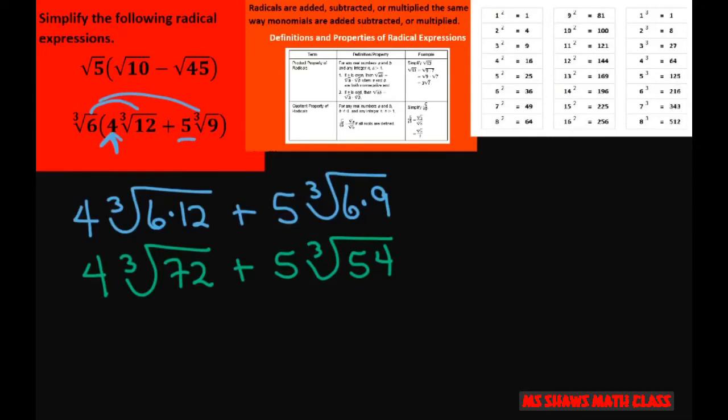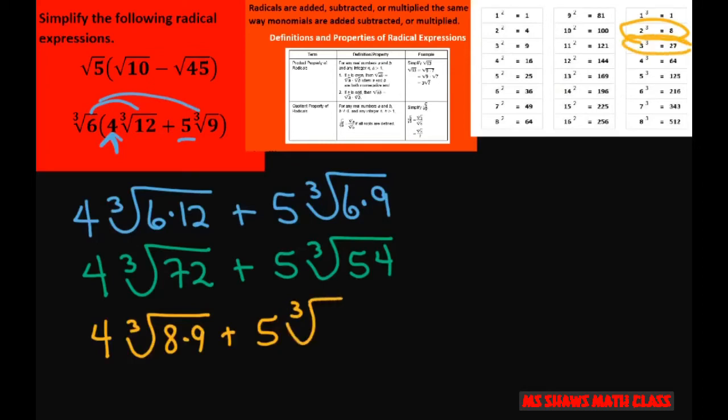We can write this as, I'm going to look at the 8. If I have to break it down further, I will. So this is the cube root of 8 times 9, plus 5 cube root, and the 54, that's going to be the cube root of 27 times 2.